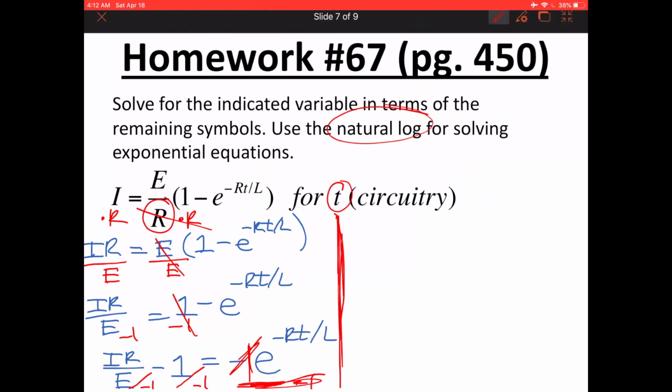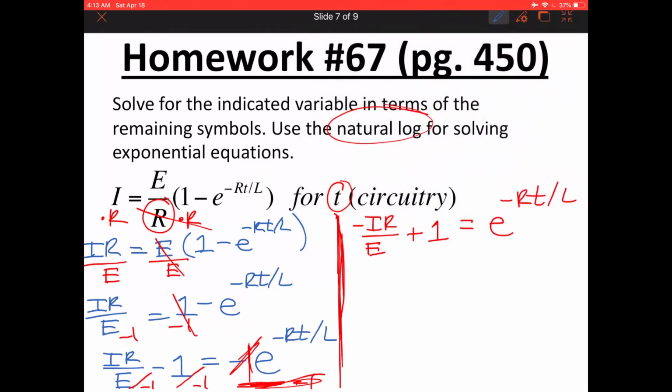Okay? So that means that we're going to end up with negative IR over e plus 1, because negative 1 divided by negative 1 gives me a positive. And on the right, I just have e to the negative RT divided by L. So I know it's a lot, guys, but you're doing great sticking with me.